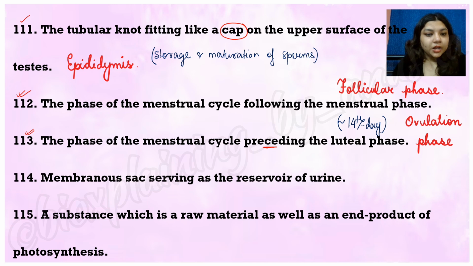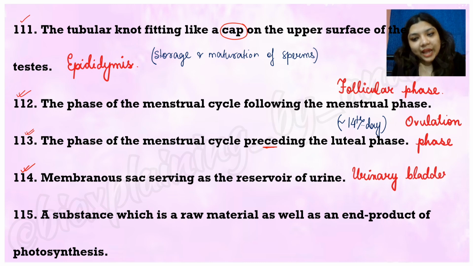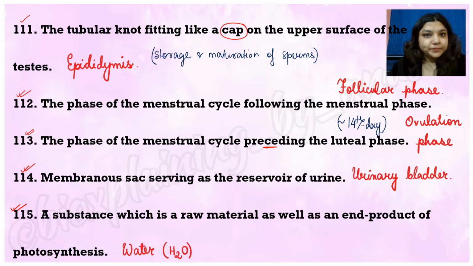Then the membranous sac serving as the reservoir of urine is the urinary bladder. A substance which is a raw material as well as an end product of photosynthesis is water, H2O. The next set of questions are as follows.